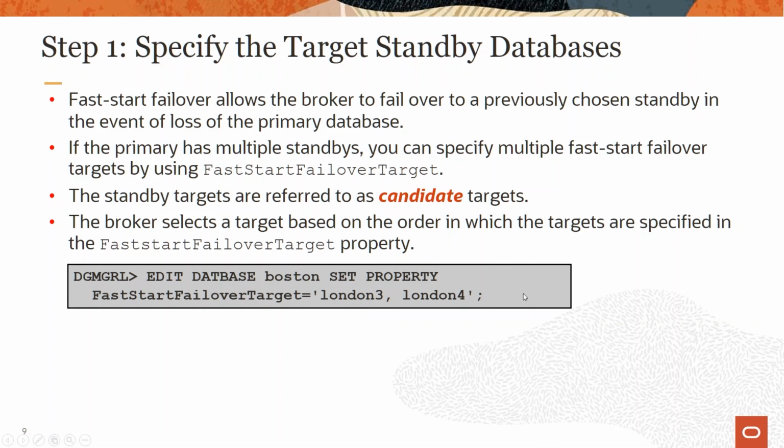So you can have multiple targets, but the broker will choose the candidate targets based on the order listed in the FastStartFailoverTarget property. So in this case, London3 is the active target.